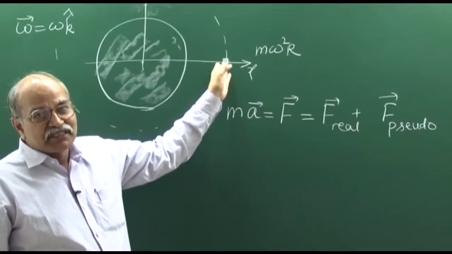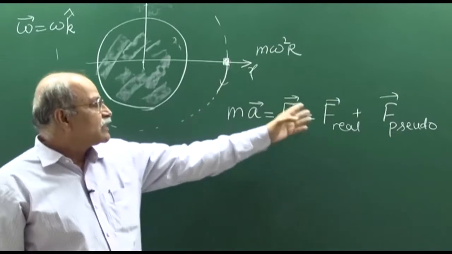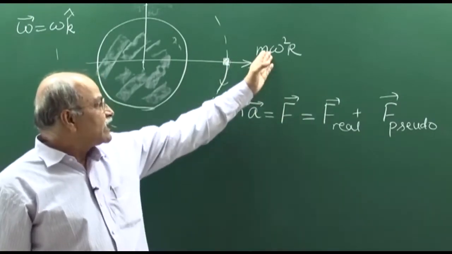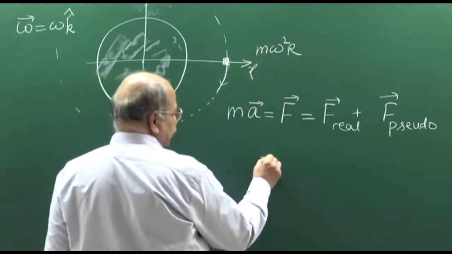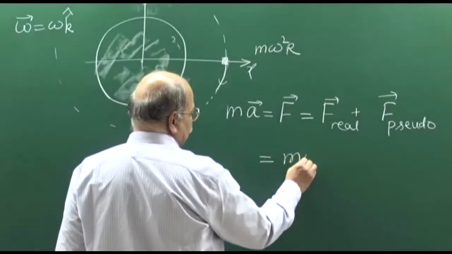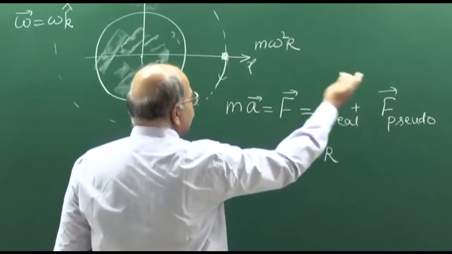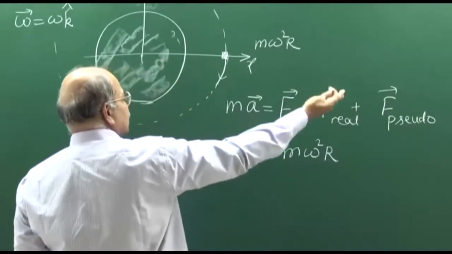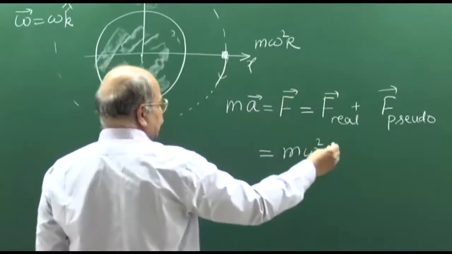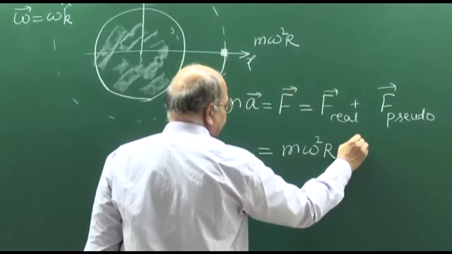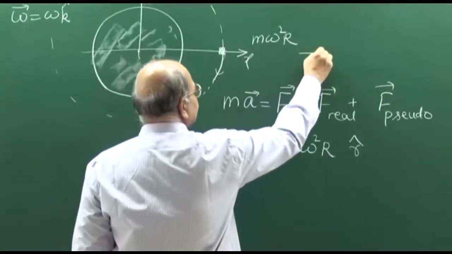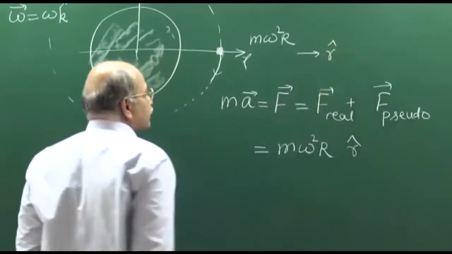So, this part is gone. Pseudo force, if I write this pseudo force, then it is m times omega square times r in outward direction. Centrifugal force is away from the axis. So, I can write this as r cap, where r cap is the unit vector in this direction.